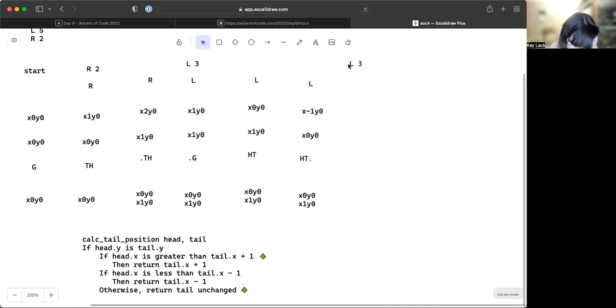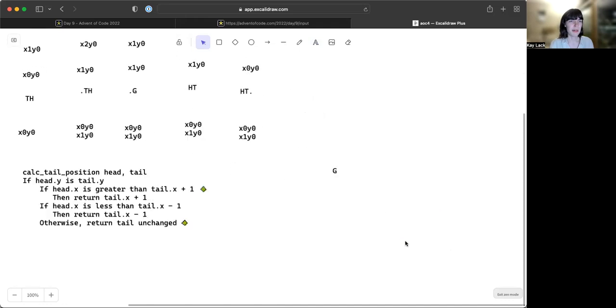Then again, how many different positions are we dealing with here? So we've got, they're both on the same cell.